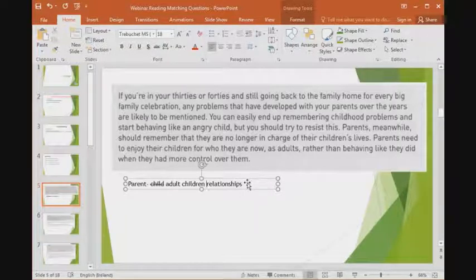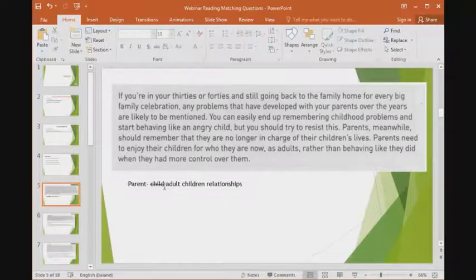And there's one more thing that we need to mention. Yes, parenting with adult children. So because we're talking about children, it's plural. We don't need the article, remember? So parent and adult children relationships.